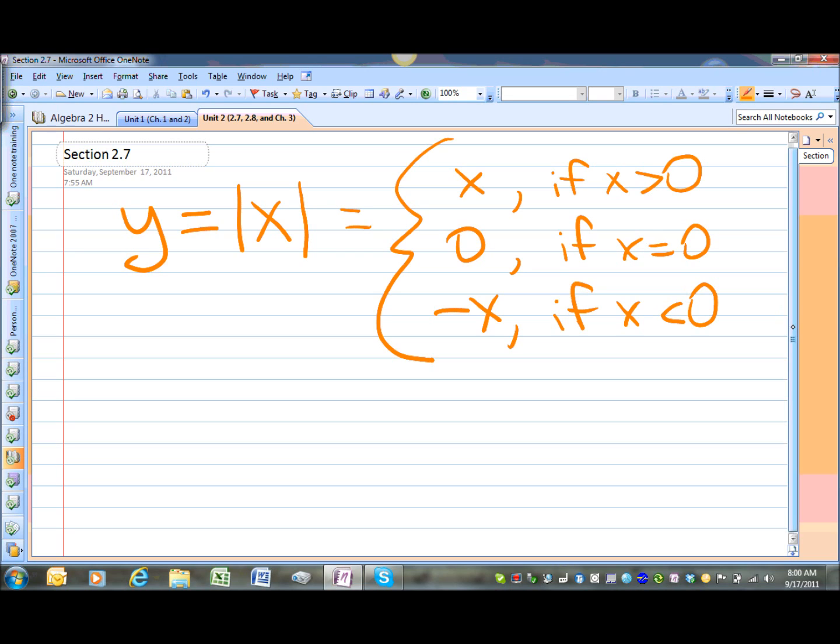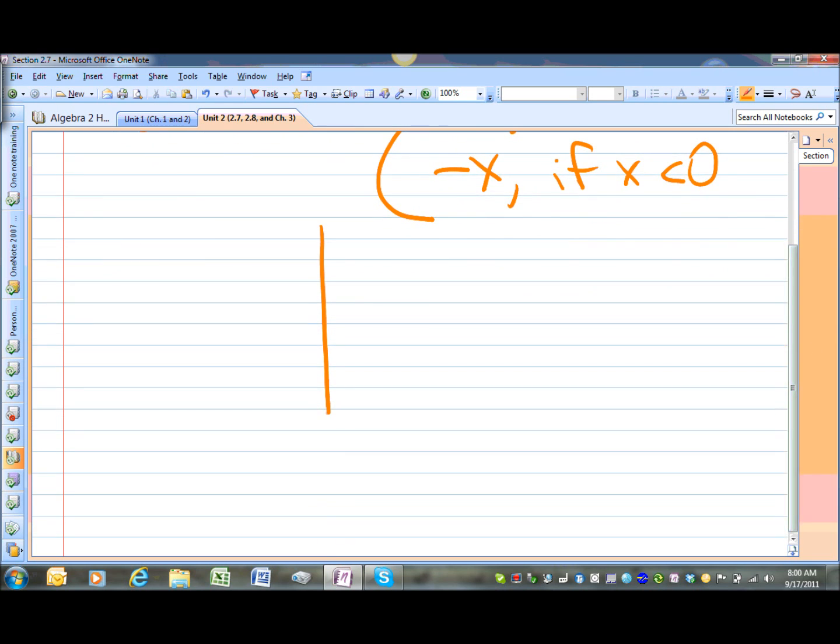The graph had looked like this. It's very simple.